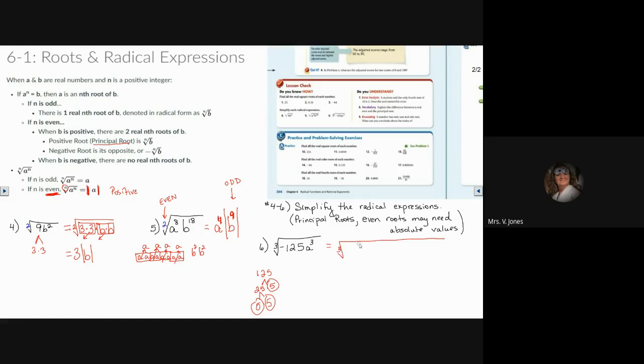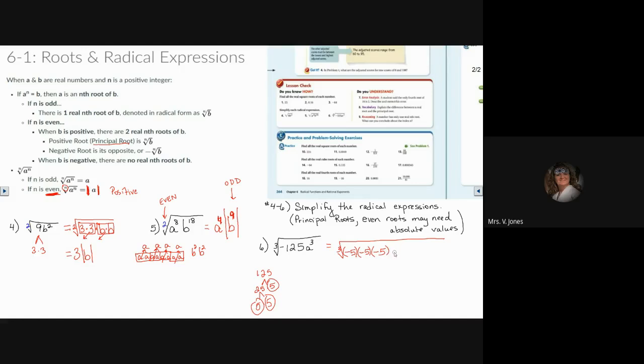We know that 5 times 5 times 5 gives us 125, but we want a negative 125. So 5 times 5 times 5 is a positive 125. How do we make it a negative? Well, negative times negative times a negative. If all three of those are negative 5, you multiply them together, you'll get negative 125. So if you have an odd root out here, it's okay to have a negative inside. And if you have an odd root with a negative inside, each number is going to be negative.